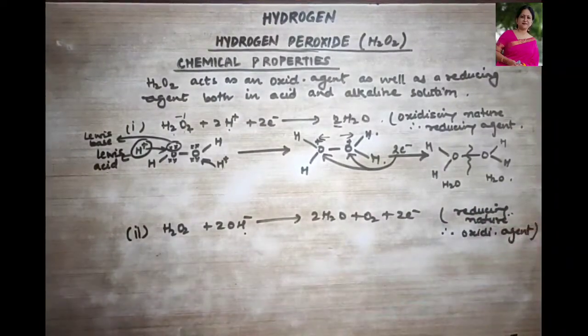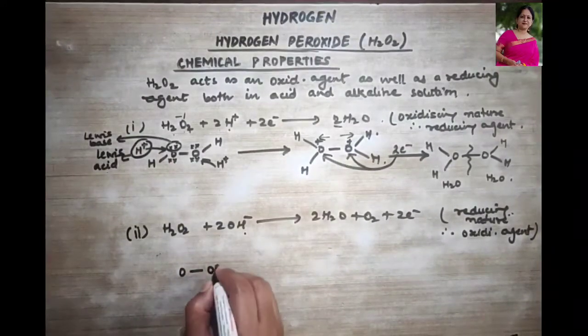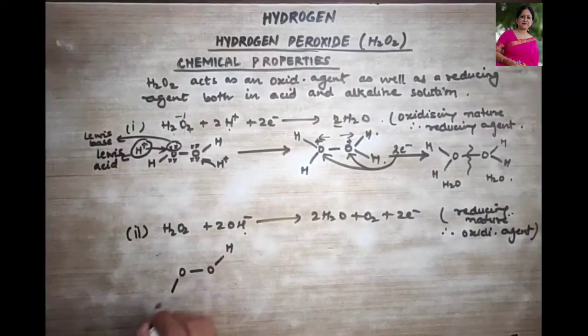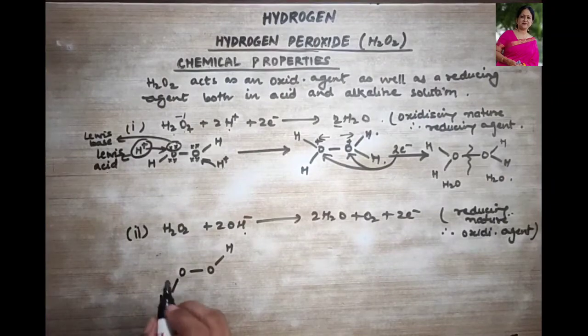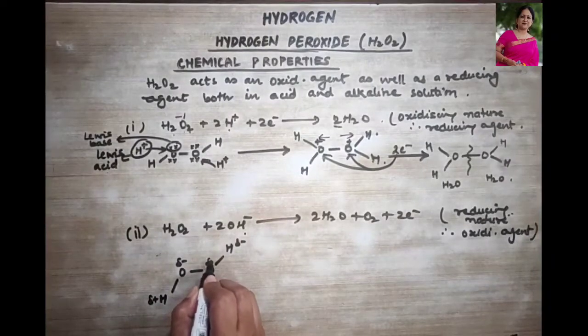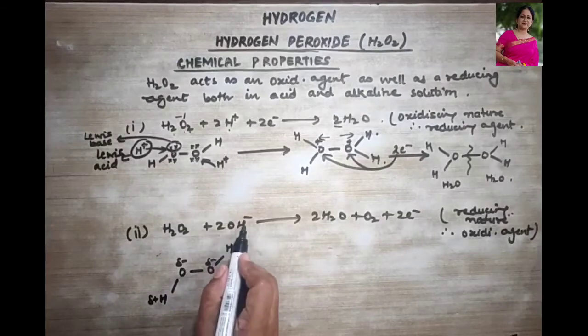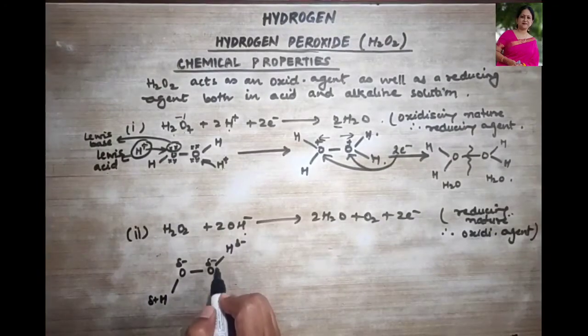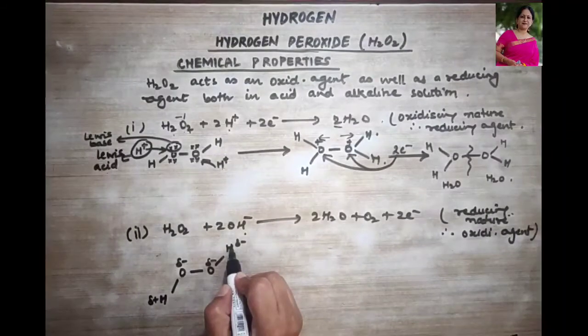So once again, let me draw the structure of hydrogen peroxide, H and H. Now because of oxygen, this hydrogen acquires a positive polarity. Yes, this also we know, and the oxygens attain a negative polarity. Fine. Now what happens? The hydroxyl ions attack the proton of the hydrogen peroxide.